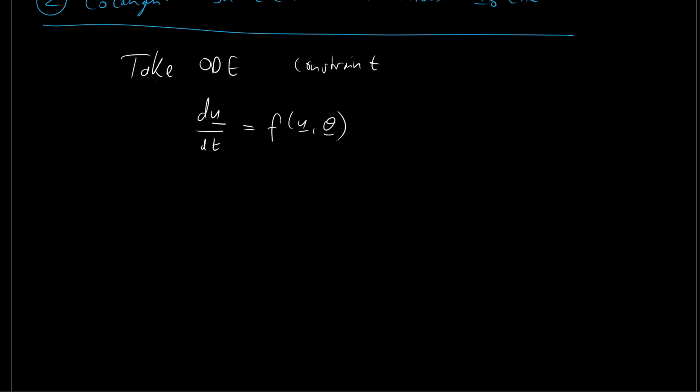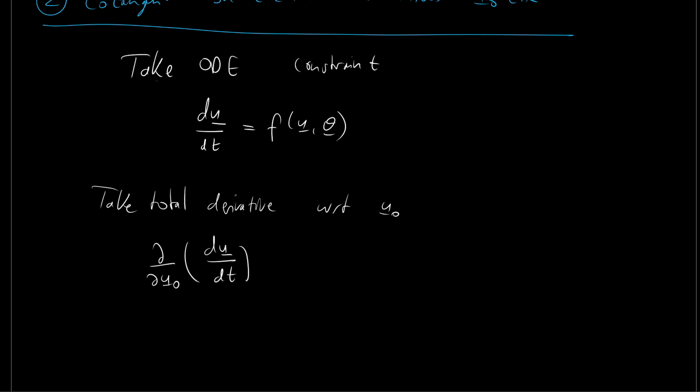And then the first step is to take the total derivative, and now we want to take it with respect to u0, because this is the quantity for which we want to find the cotangent estimate. So we will get the derivative with respect to u0 applied to the time derivative of u with respect to t is the derivative with respect to u0 applied to the right-hand side, f of u and theta.